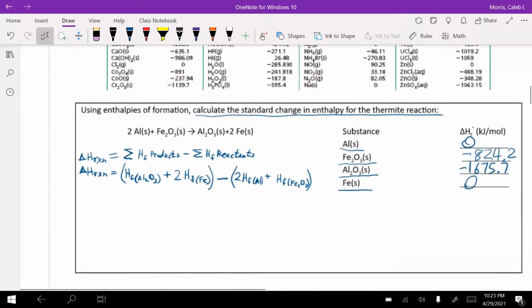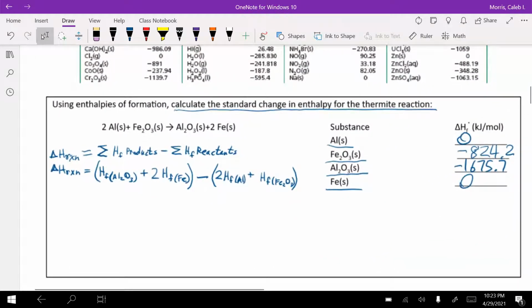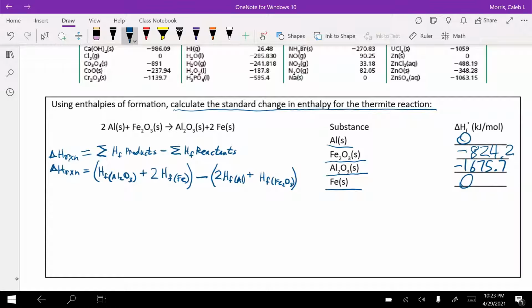Okay, so looking at that information that we just got, I could calculate delta H of the reaction. It equals, well, the enthalpy of formation of aluminum oxide, which is negative 1675.7, plus 2 times the enthalpy of formation for iron.